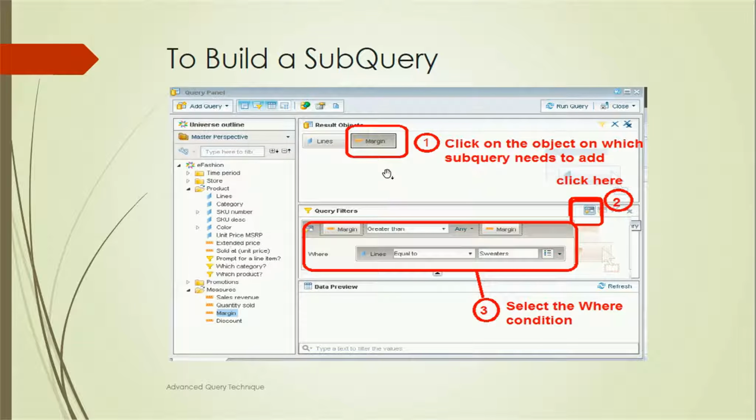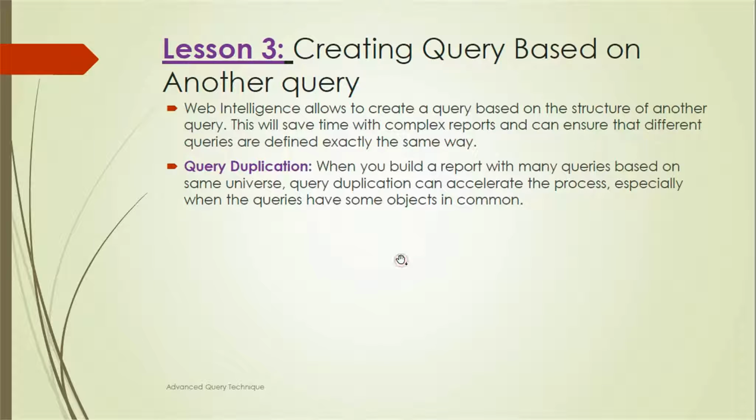The first step is to select the dimension or measure. The second step is clicking on this icon to create a subquery. Once you click on this, this type of window will come up where we need to give the result objects, like margin objects or margin again.